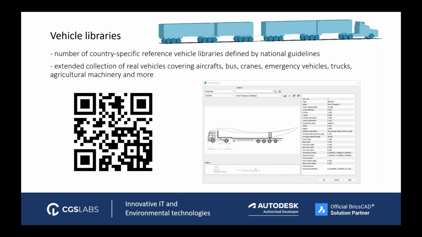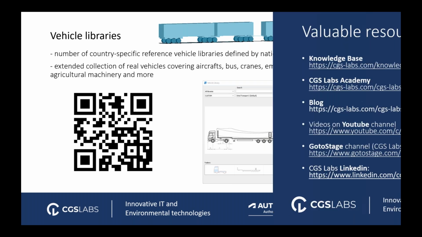But it is not all. If you require additional vehicles beyond what's already in the library, our technical team can create custom collections to meet your specific needs. This is another proof that Autopath's level of flexibility and customization is what sets it apart from other software programs in the market.